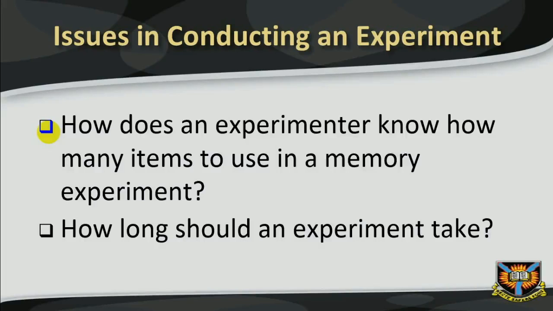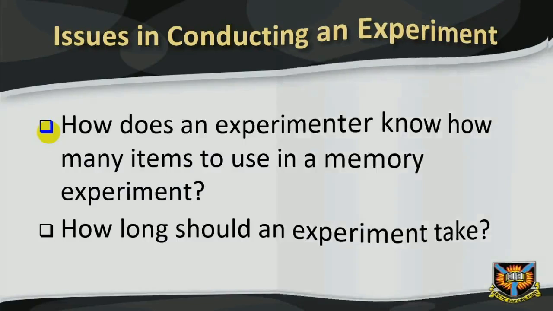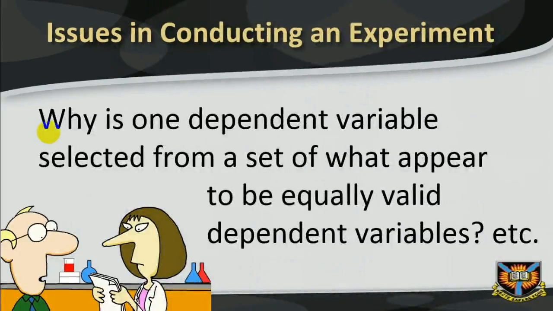Animal researchers often deprive animals of food for several hours before the experiment, or keep their pigeons at a certain percentage of the weight the pigeons would attain if they had food continuously available. Although the reasons for this are obvious to the researcher, they may not be obvious to you.